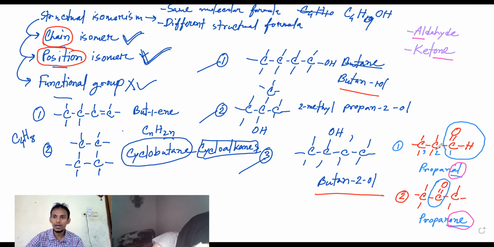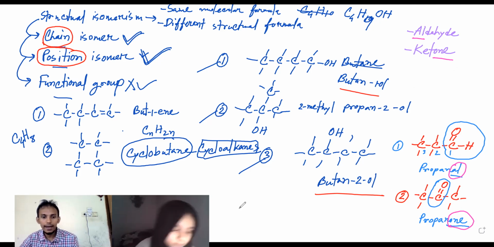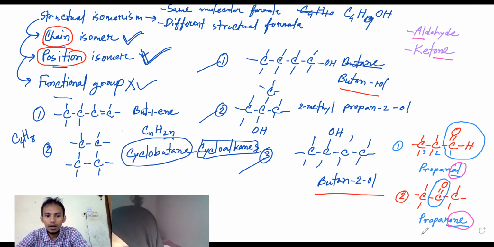So propanal, the three-carbon aldehyde, is just like methane, ethane, propane: methanal, ethanal, propanal, that's how it goes. But ketones always start from propanone. Ethanone and methanone are never possible, because your C double bond O group should always be in the middle of two carbons.